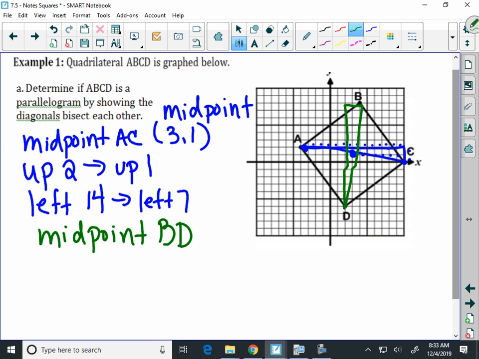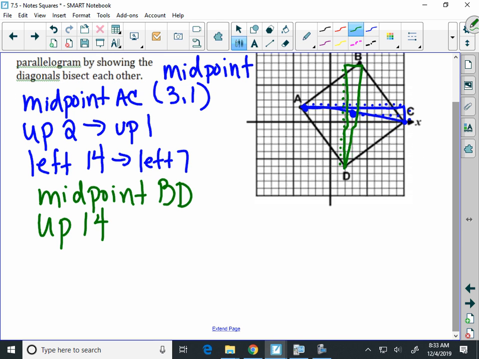So if we count here, we went up 1, 2, 3, 4, 5, 6, 7, 8, 9, 10, 11, 12, 13, 14. We went up 14, and then we went right 2.